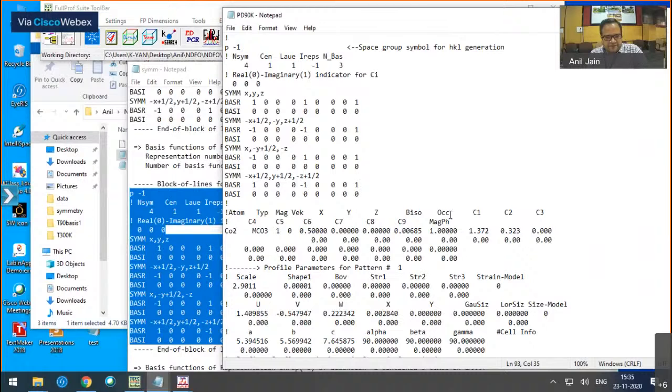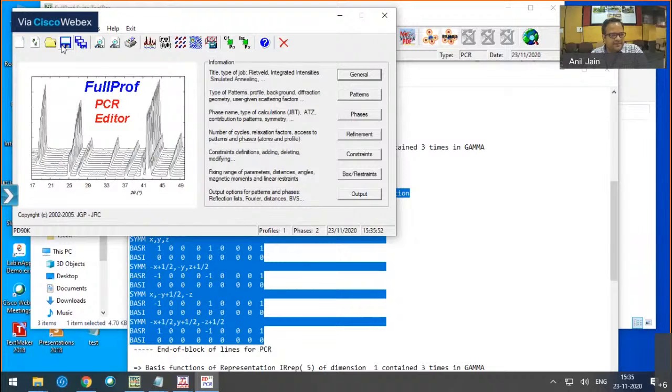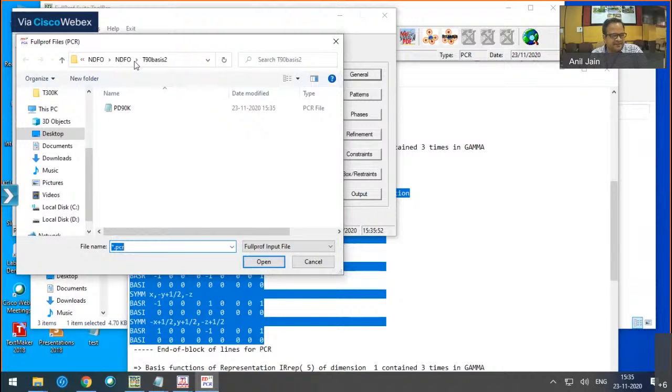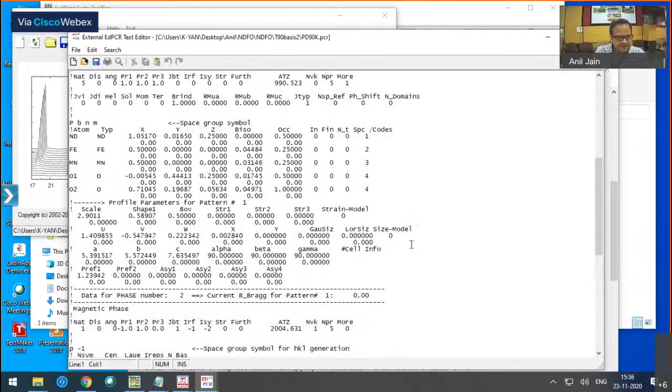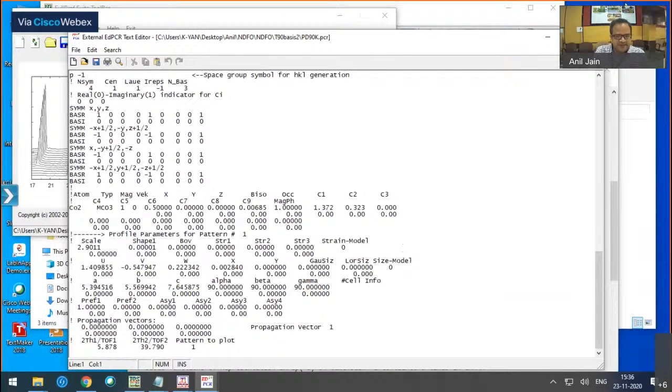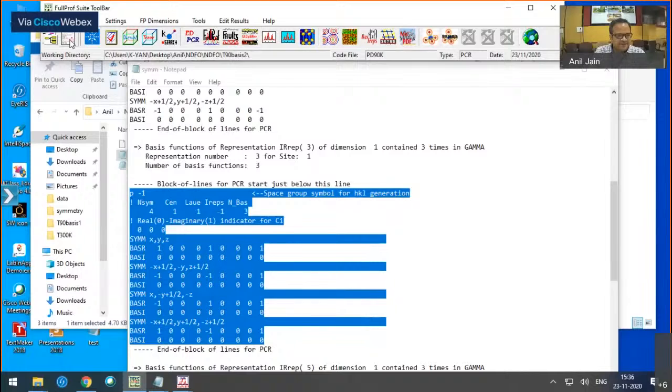Now, once you do it, it is always better to close this file and try to see in the edit PCR whether you can open this file. This gives you confidence that what you have done is all right as per the language of this code. So I see it here, everything is all right. Now I close it here and then see it from here.